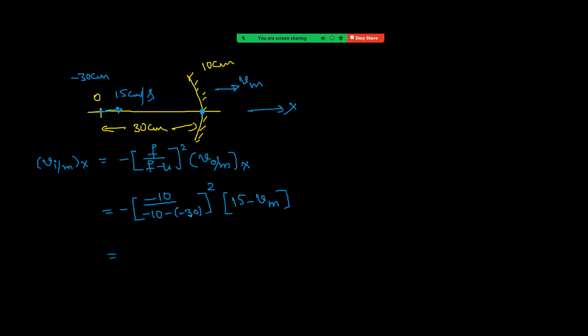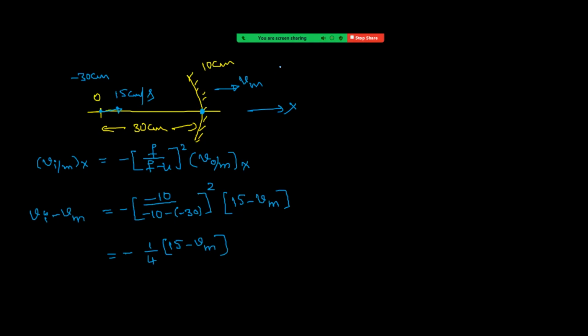Minus of plus 30. 30 minus 10, 20. Minus 10 by 20 and a whole square. Minus is there. 1 by 4. 15 minus Vm. Now coming to here, this is velocity of image minus velocity of mirror.